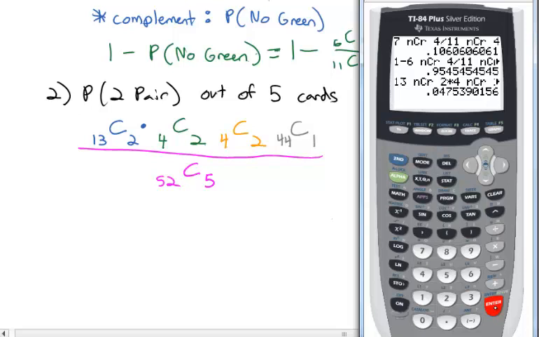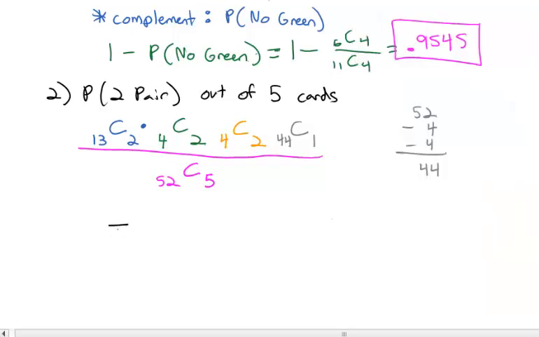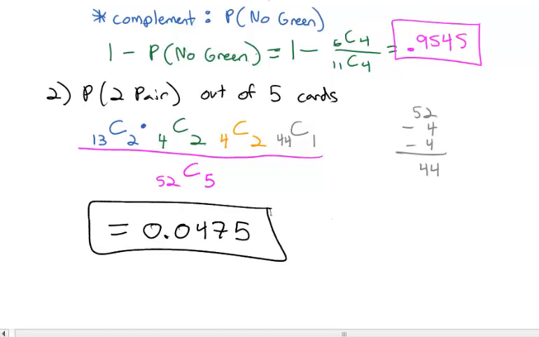The probability you get 2 pair, the most basic of poker hands, is 0.0475. Less than 5% of poker hands will come with a pair in them.